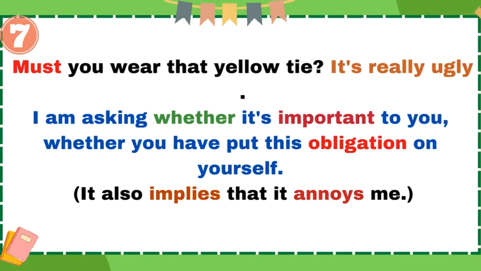So as we can see, it also implies that it annoys me. So when we start a question with must you, that means that the speaker is annoyed or dislikes the thing that the other person or the listener is doing.